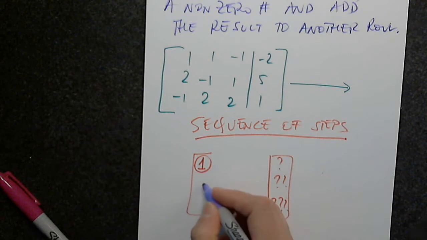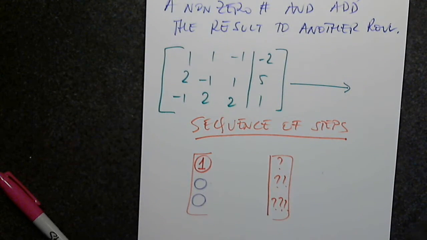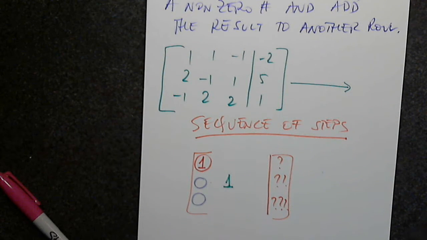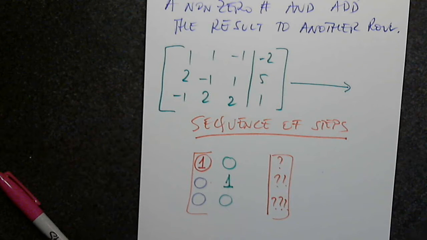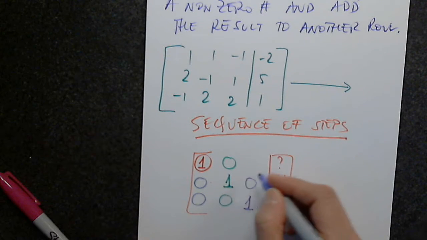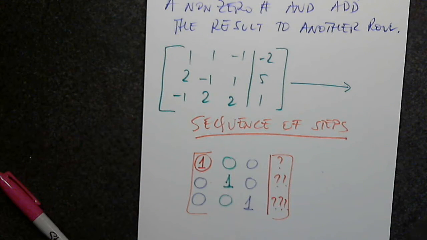With this 1, we will obtain the corresponding zeros. The next step, we will obtain the 1 in the middle, and then the corresponding zeros. Final step, we will obtain the 1 in the third column, and then the corresponding zeros. One more time, no one can change this sequence.